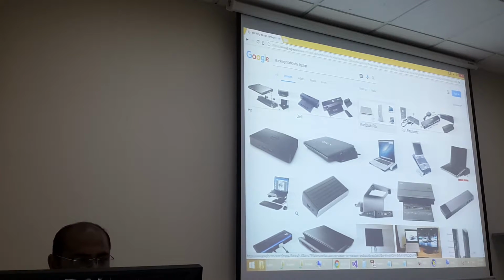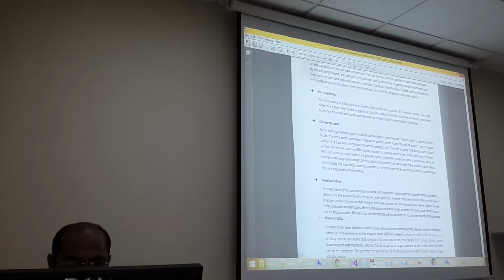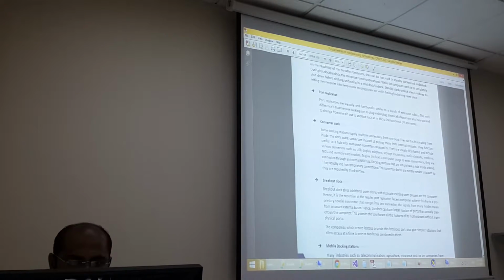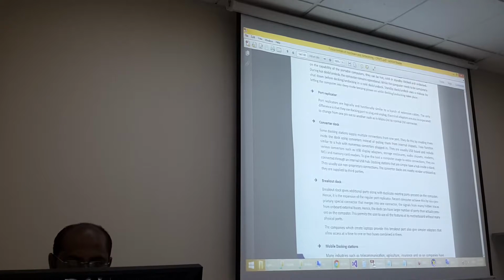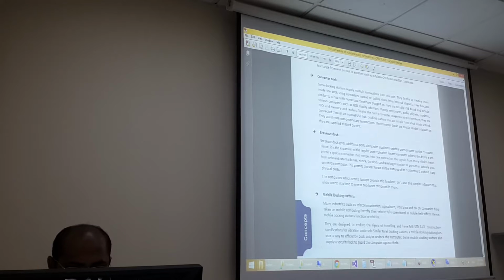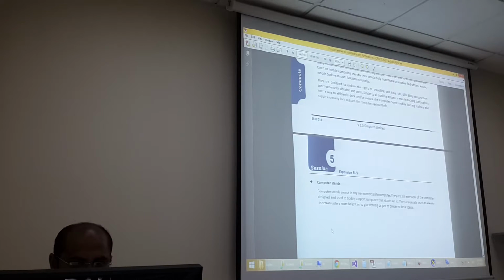Port replicators for Mac, for Dell. Breakout docks, additional ports, converters for different purposes. Computer stands that are used with servers.